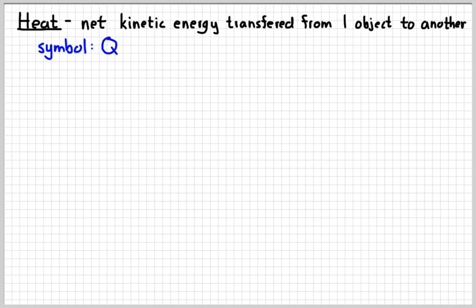It's got a different meaning. Heat is the energy transferred. So the keyword in this definition would be transferred from one object to another. Enthalpy means something else. So don't get confused. We don't use an H to represent heat, we use a Q. Since heat is just energy, its unit would be joules.